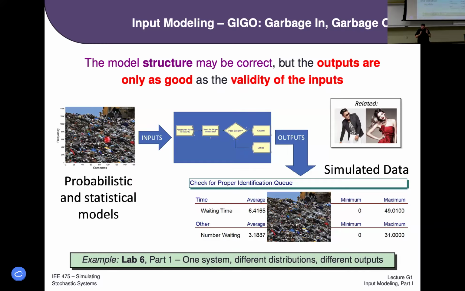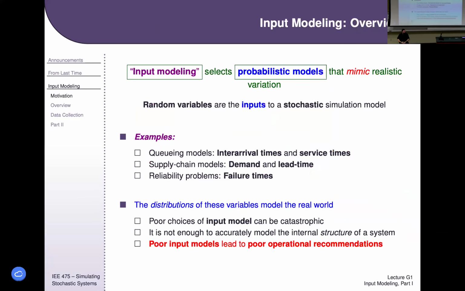So if you choose the wrong variation on the input, you'll get nonsensical variation on the output. And so that's why we have to focus so much on input modeling before we start building our sims. Got to choose the right input variation before we can start using it in sims of real systems. That's the motivation behind all of this.